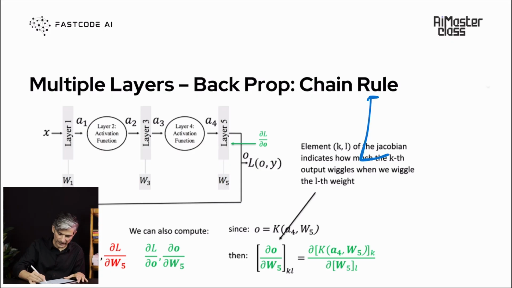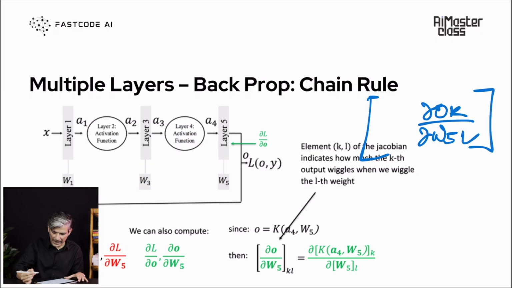So again we have our Jacobian, and some element here is, let's say, the partial derivative of O of k with respect to the partial derivative of W5 of l, and it will signify how much the kth component of my output will change when I change the lth component of my weight.